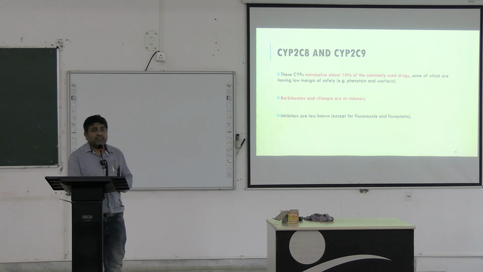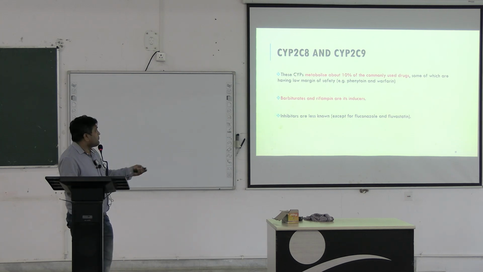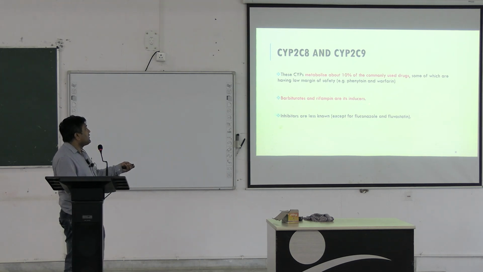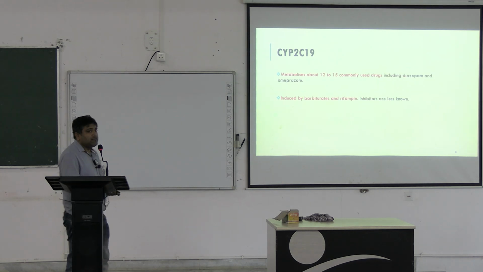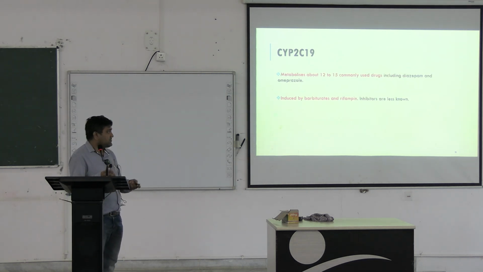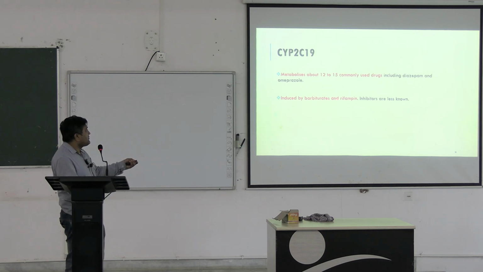CYP2C8 and CYP2C9 are responsible for around 10% of commonly used drug metabolism. Barbiturates and rifampin are its inducers. Inhibitors are less known. CYP2C19, around 12 to 15%, is induced by barbiturates and rifampin. Inhibitors are less known.